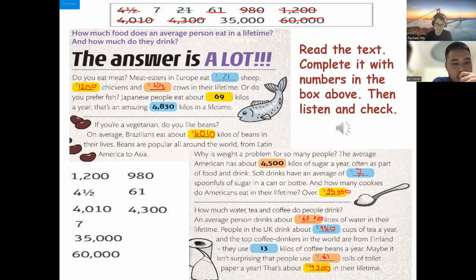They use 13 kilos of coffee beans a year. Maybe it isn't surprising that people use 61 rolls of toilet paper a year. That's about 4,300 in their lifetime.